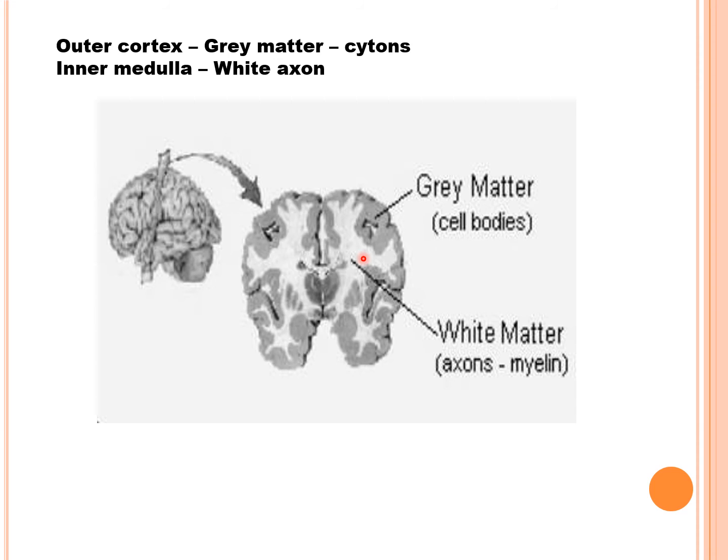It is made up of different types of nerve fibers, which is called the white matter. The white matter contains the axons along with the myelin sheath of the nerve cells or the neurons. So the gray matter includes the cell body or the cyton of the neuron, and the white matter includes the axons of the neuron.